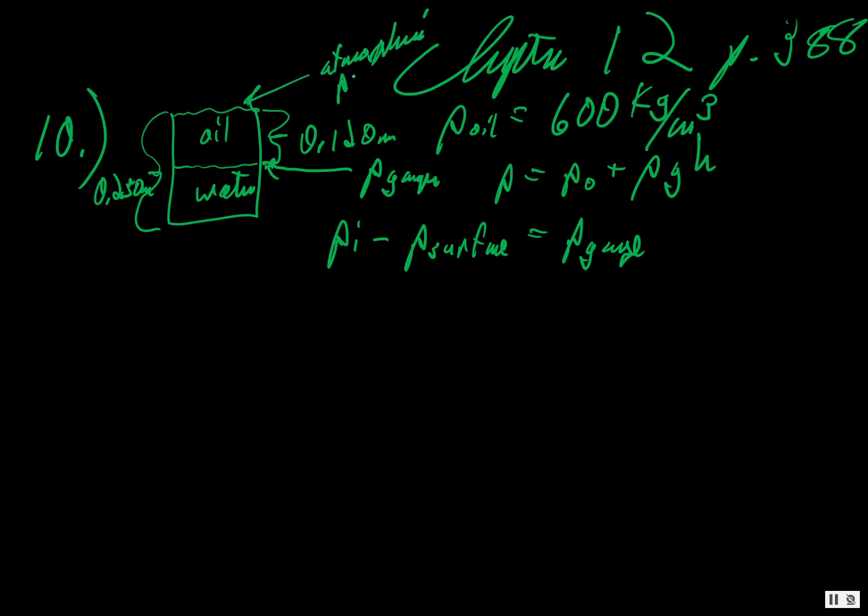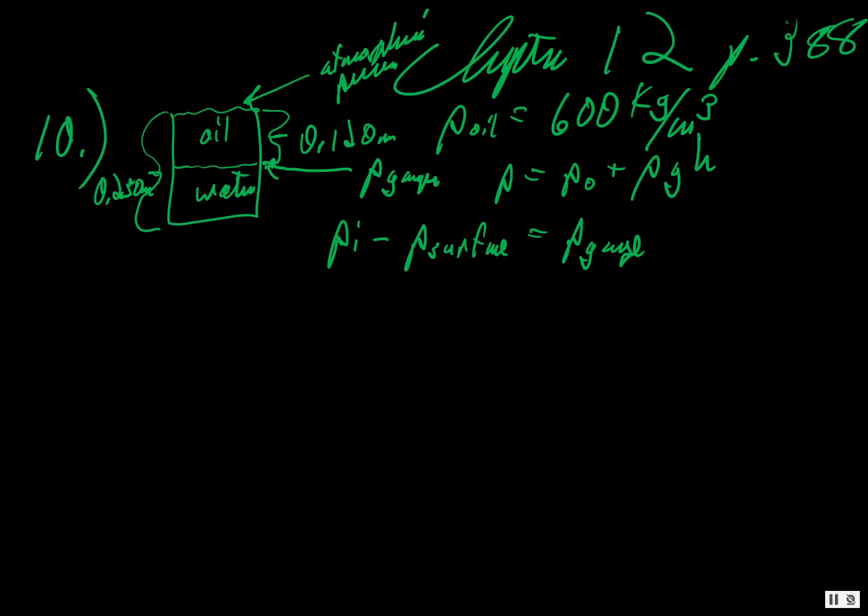But what's the pressure right here? And notice it says, what is the gauge pressure? Not just the pressure of the fluid, but the gauge pressure is anything above atmospheric. So let's think about that.